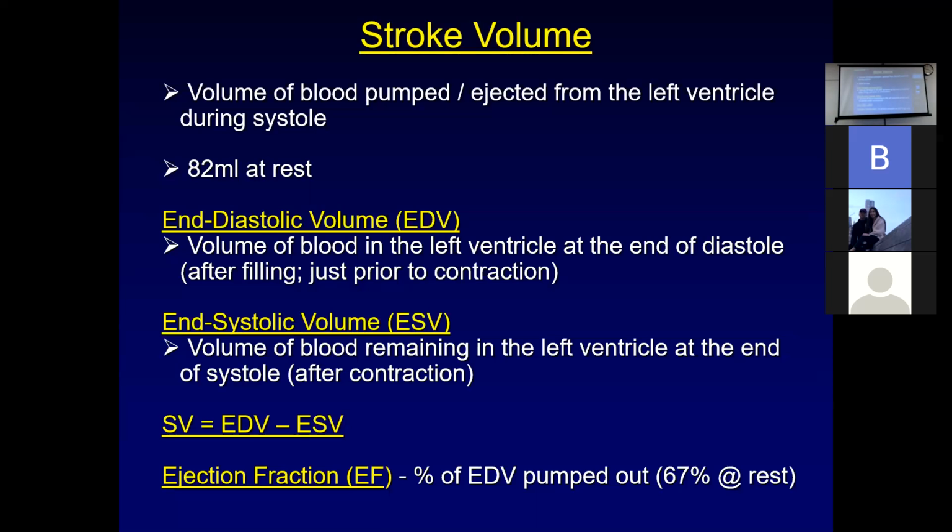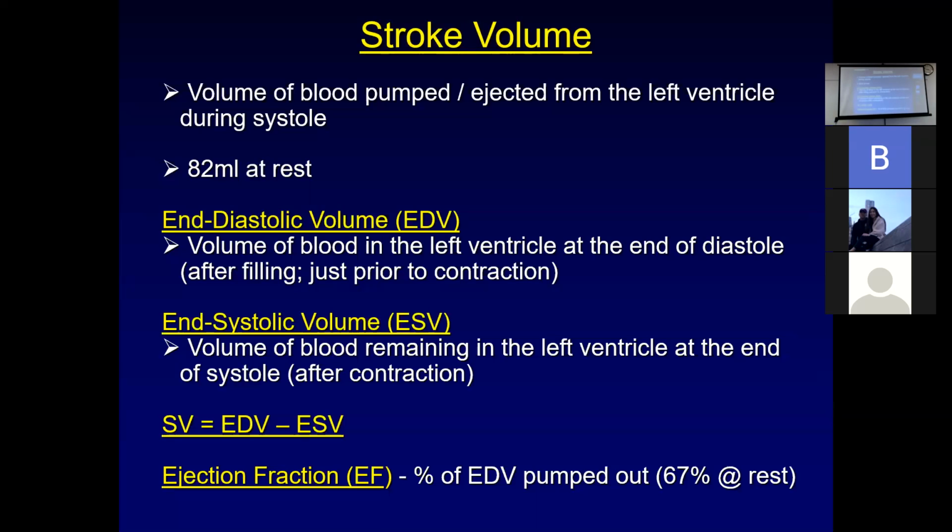Right before the ventricles contract, however much blood is in there, that's end diastolic volume. Imagine this is my left ventricle and this is my left atria.